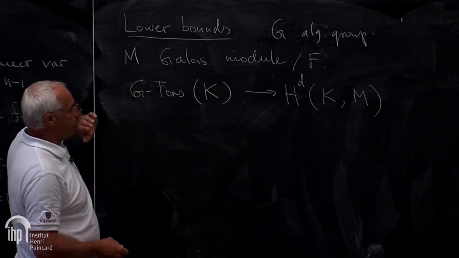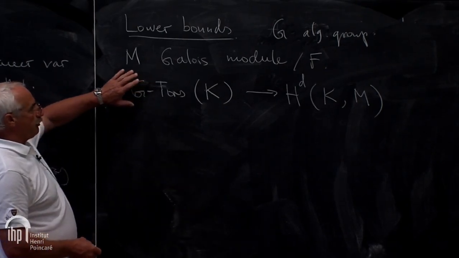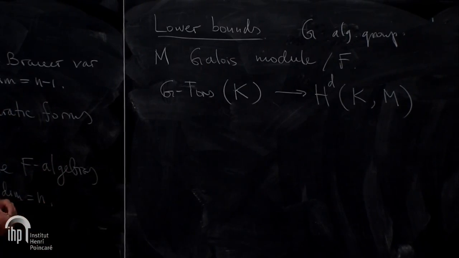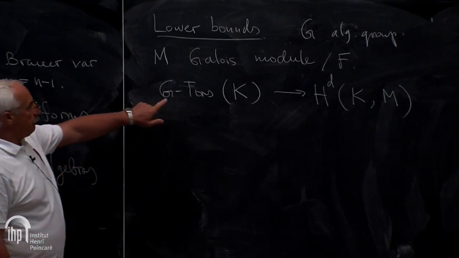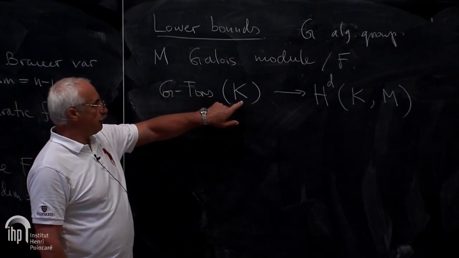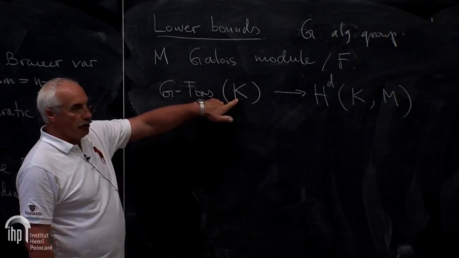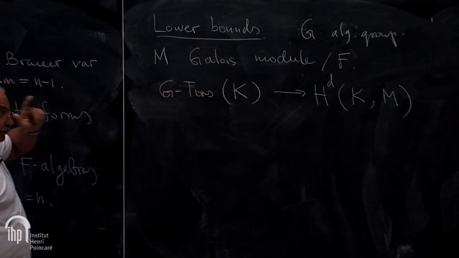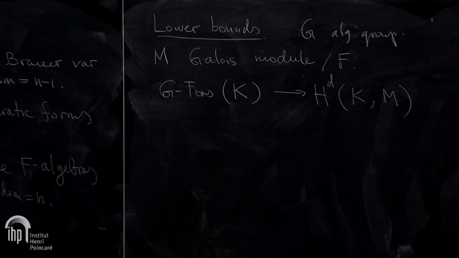And one can define the notion of a non-trivial cohomological invariant, so such a map should be non-trivial for certain field K, in fact, containing an algebraically closed subfield.